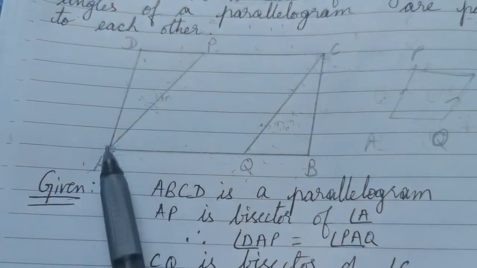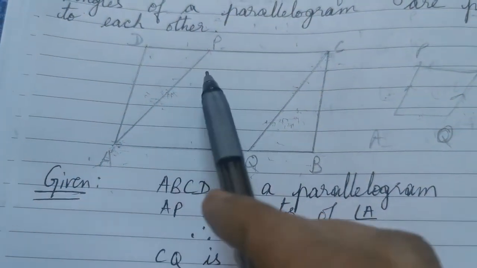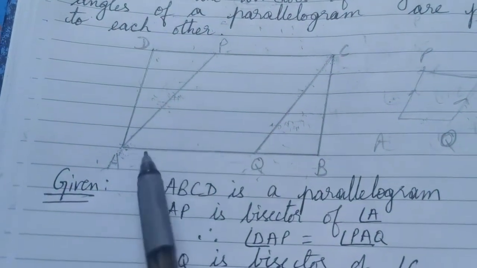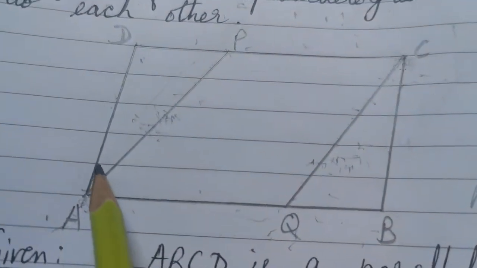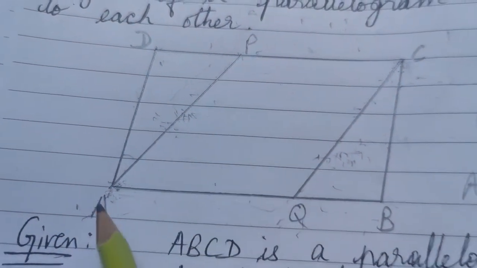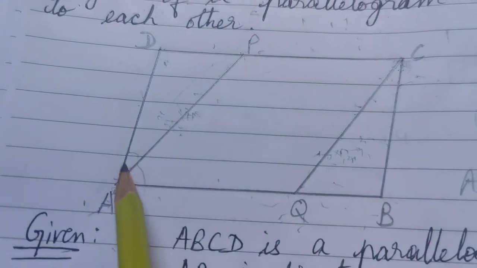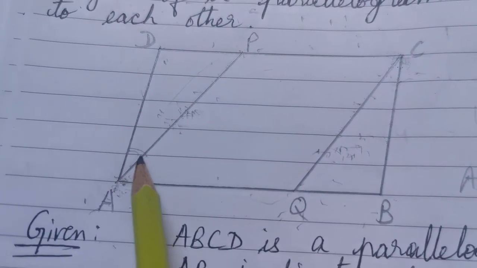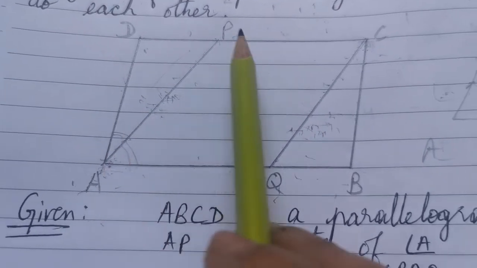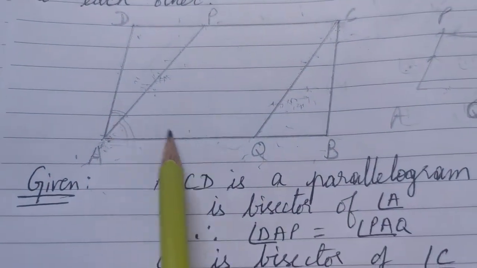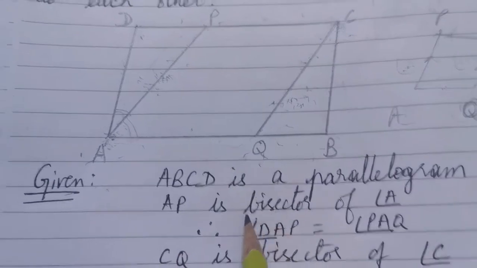AP is the bisector of angle A. That means AP divides angle A into two equal parts, which are DAP, this part, and PAQ. So angle A is formed from this part and this part. The names are DAP and PAQ, which are equal because bisector means divides equally.